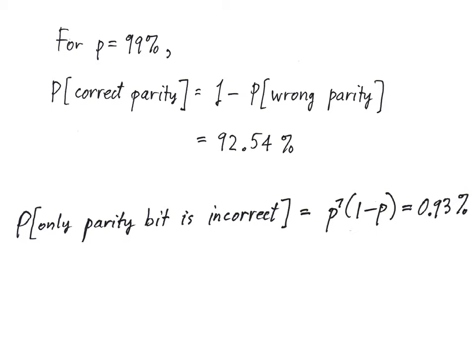So out of the previously calculated 7.46% error detected, 0.93% of that is due to the parity bit only being incorrect, but not the data bits. Of course, we don't know which of the bits is incorrect, so we would ask for a retransmission anyway.